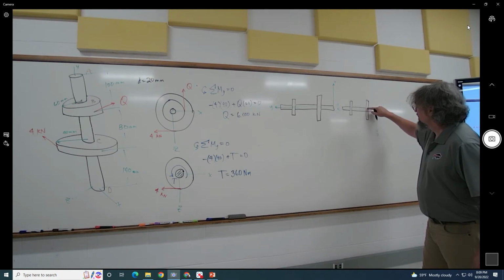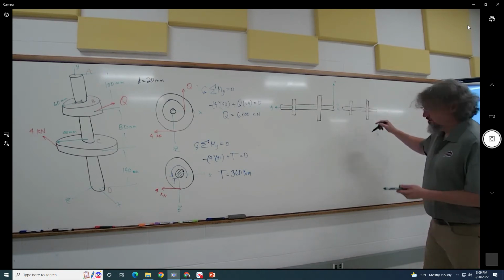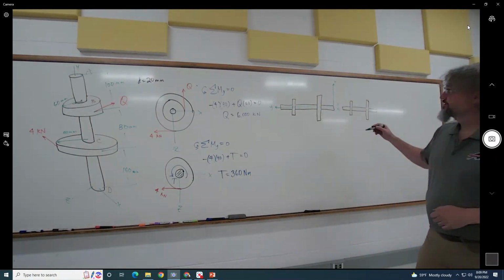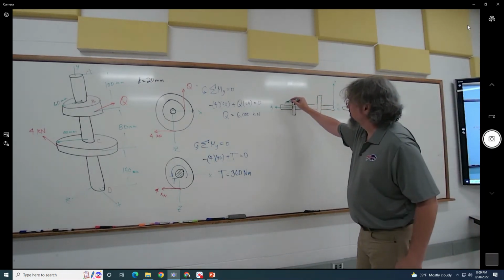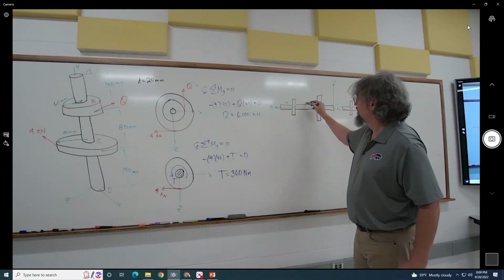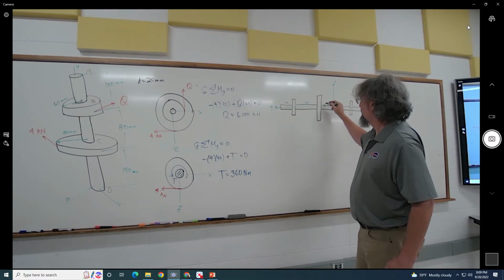Look a little bigger. And the dimensions, we'll put them in here: 100, oh, this has been here, 80, and 140.